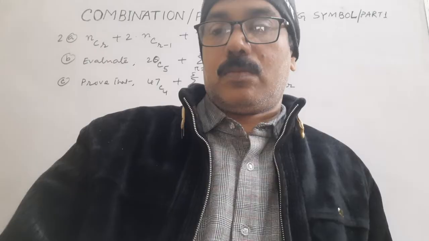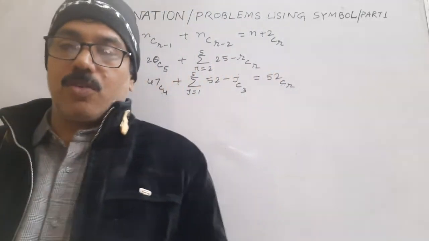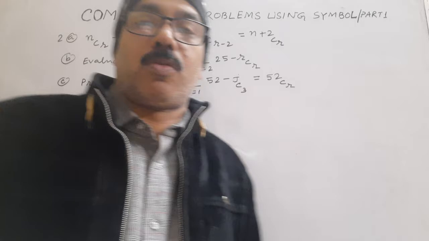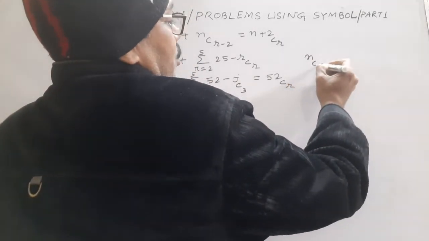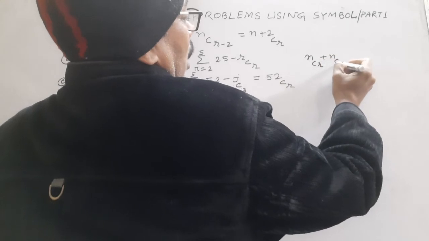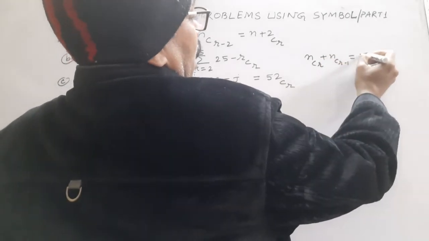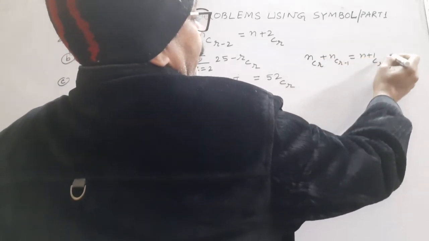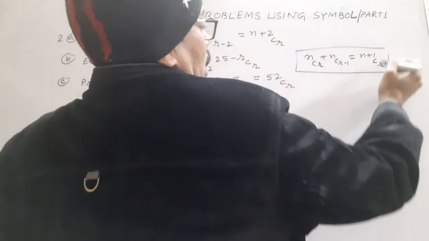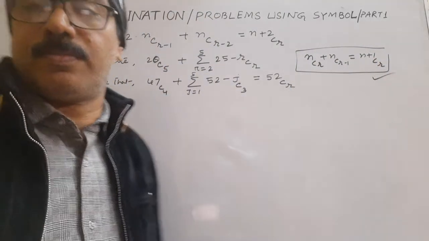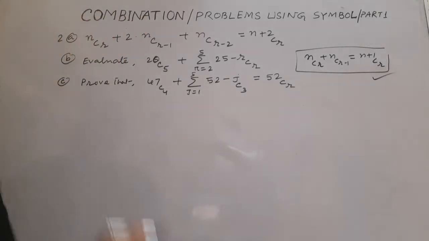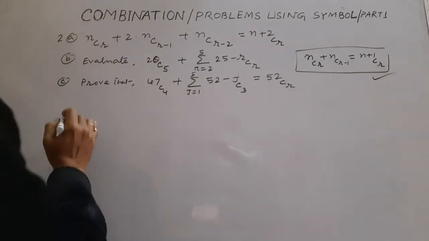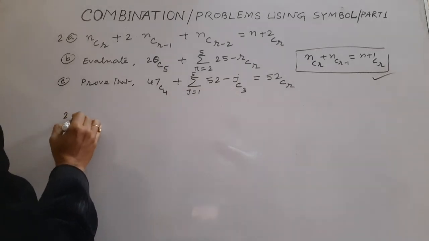Next, now we consider the second type of problem using this theory: nCr plus nC r minus 1 equals n plus 1 Cr. So this is our working tool. So problem number 1, 2a.